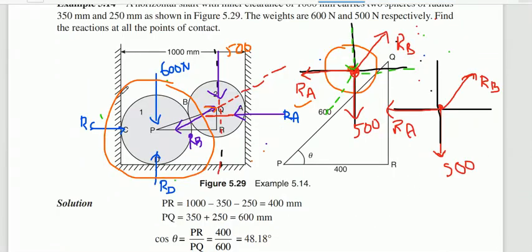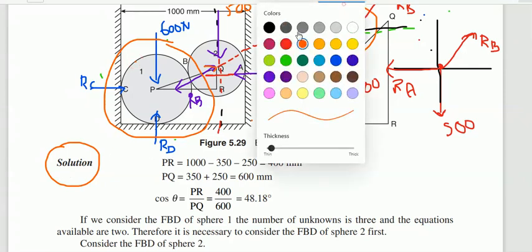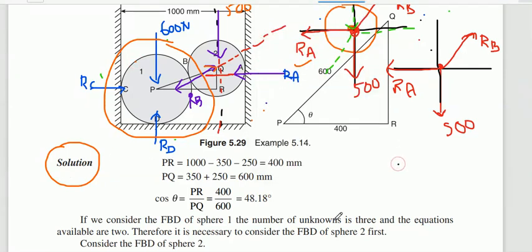Okay. So now I am going to draw sphere 1 here. You just concentrate. This is the bigger sphere, that is sphere 1. Now consider the natural x and y axis. This is natural x and this is natural y axis.